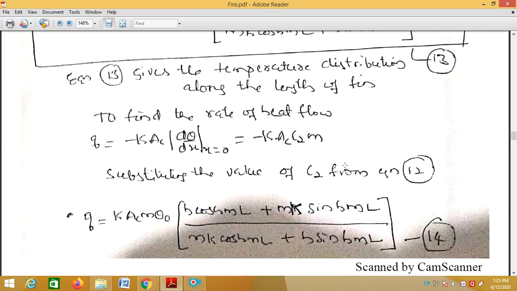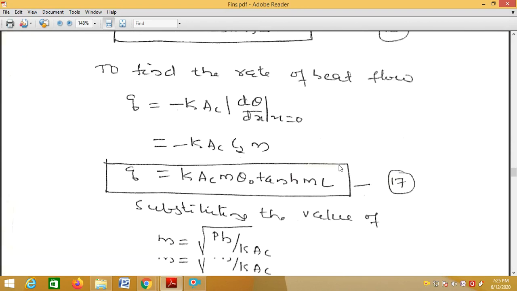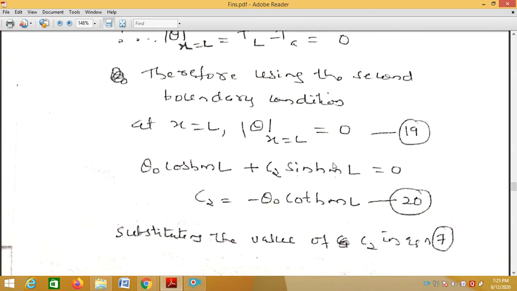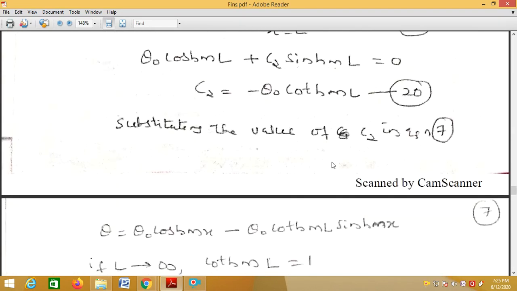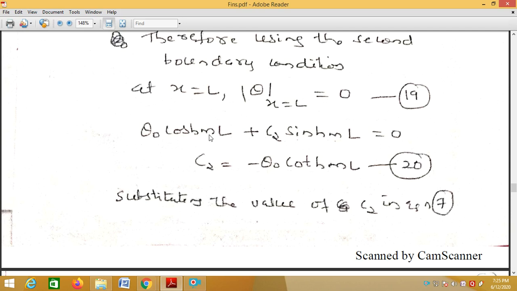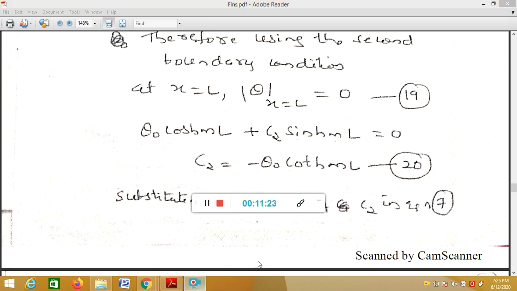Equation 8 gives theta at x equal to L. So theta 0 cosh mL plus C2 sinh mL equal to 0, which gives C2 equal to minus theta 0 coth mL.